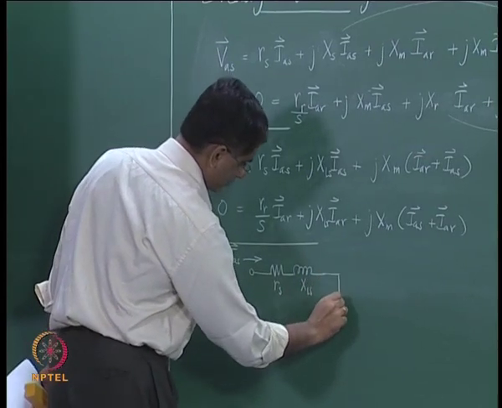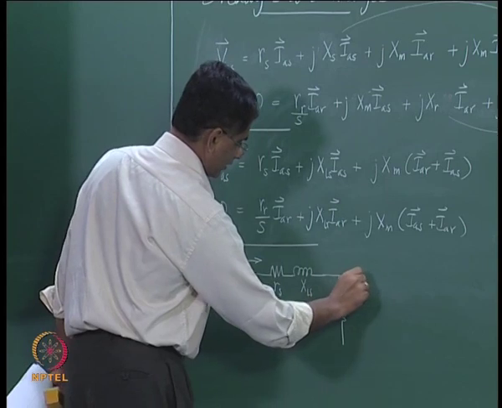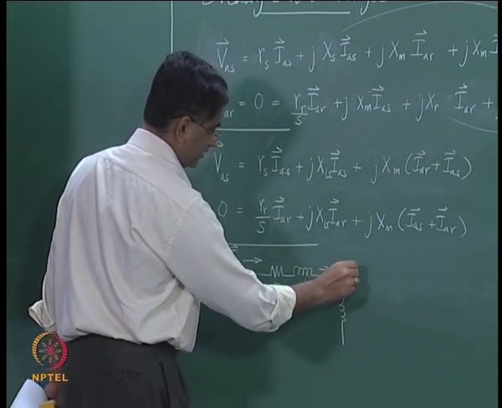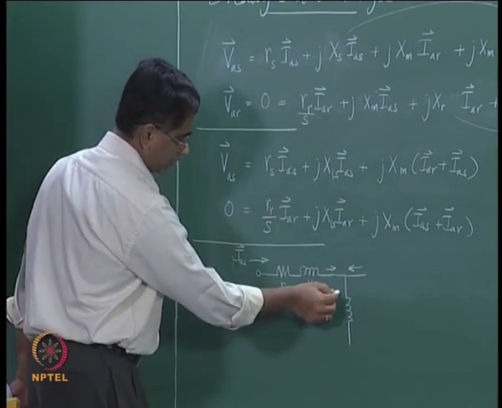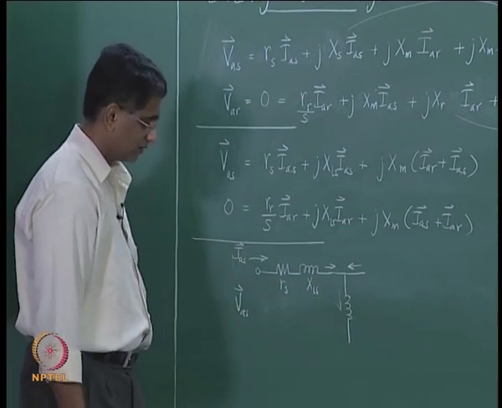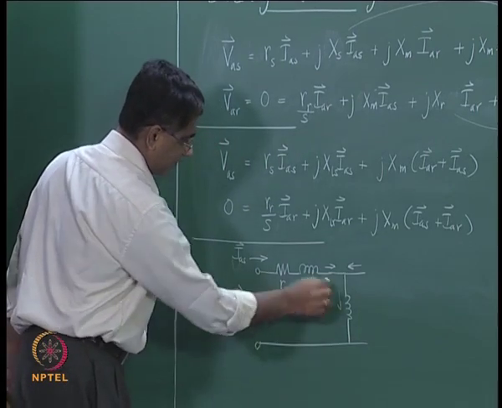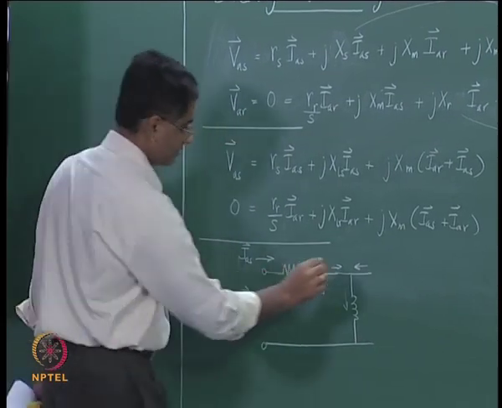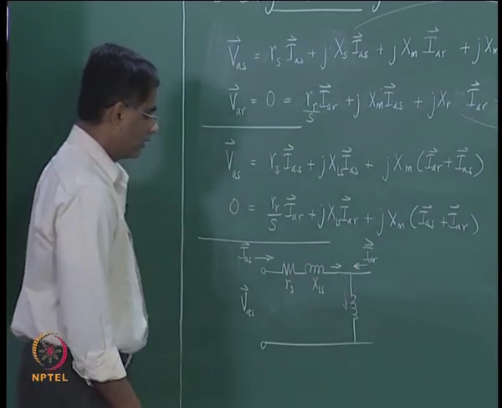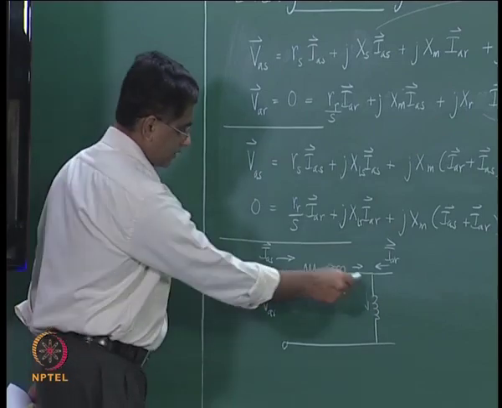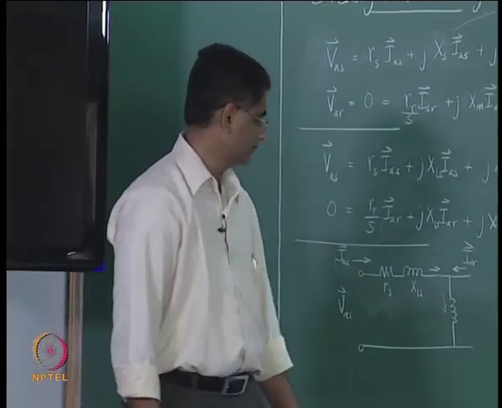So, if I now represent this by an inductance here, and this current is IAS, this current is IAR, then these two together flow in this inductance, and if you now apply KVL around this loop, you precisely get this equation.